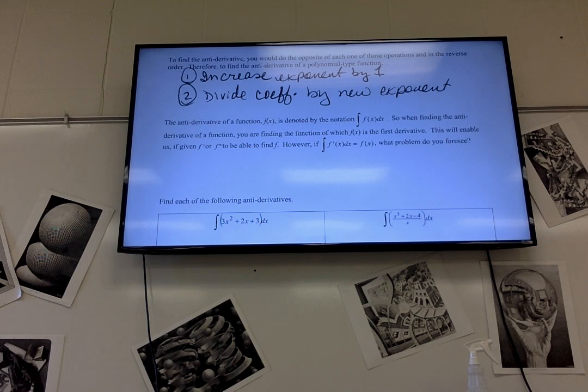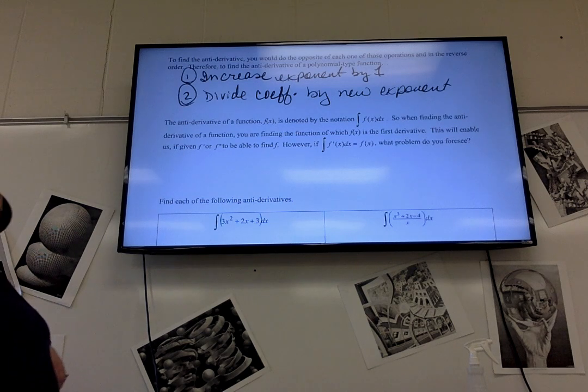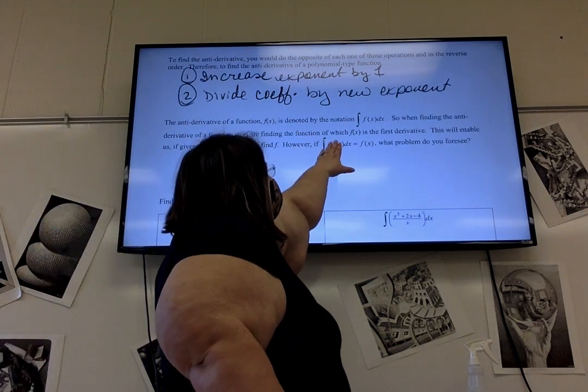Okay, so the antiderivative. What's the purpose of this? So that you can undo. You've got to have inverses. Plus, the inverse is minus. Multiplication, the inverse is division. You've got to be able to undo. And then we have the inverse derivative, which is the antiderivative. The antiderivative is this symbol.